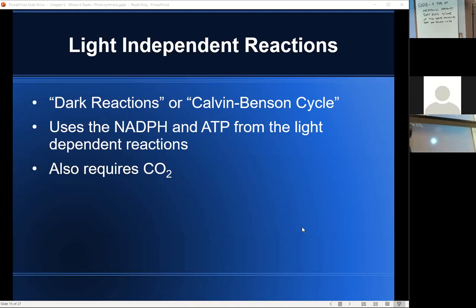So remember, photosynthesis is a biosynthetic reaction. We take smaller, lower energy molecules and use them to make bigger, higher energy molecules. In this case, we're going to take small, low energy molecules like CO2 and water. Specifically, CO2 is going to be the source of carbon for us, and we're going to make bigger, higher energy molecules, in this case glucose.